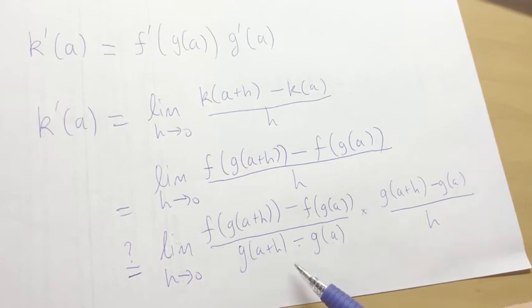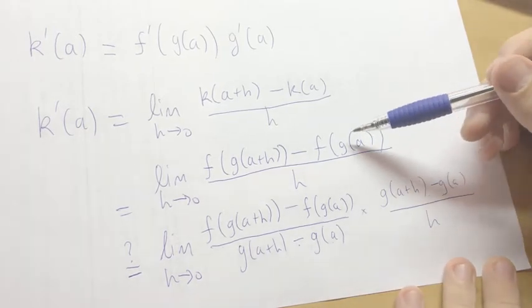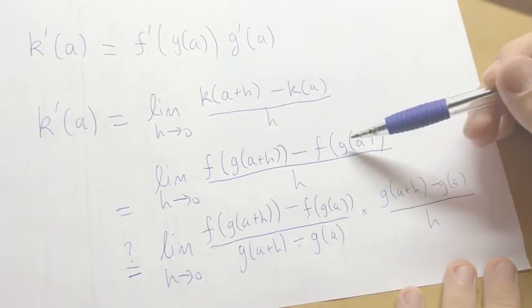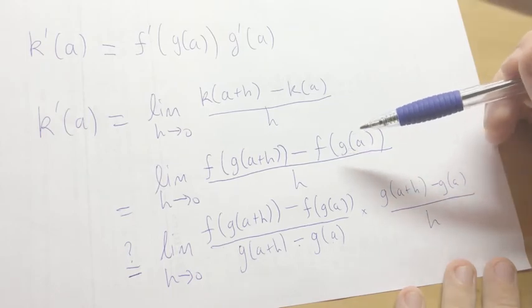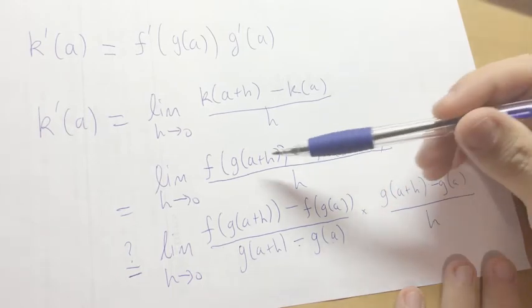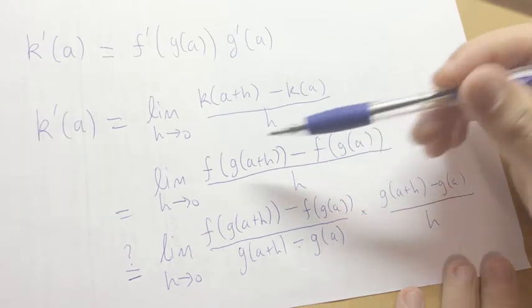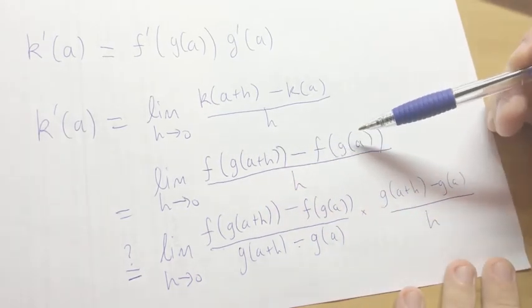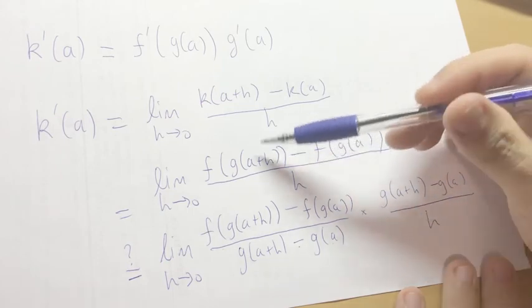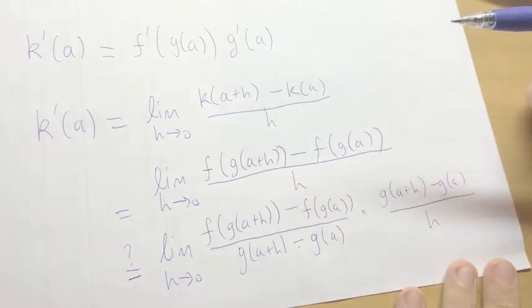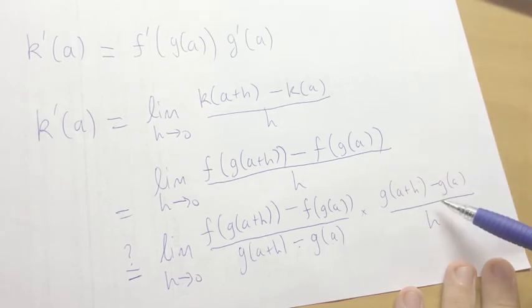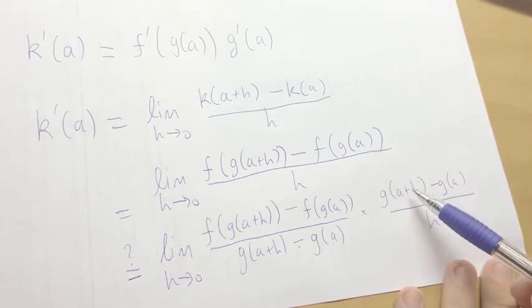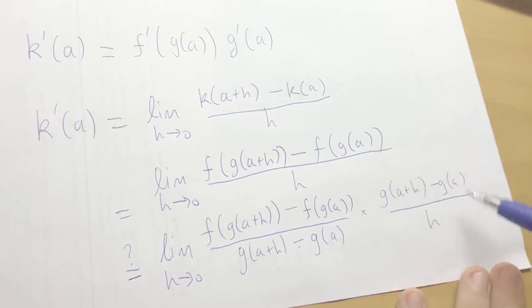And if you do that, you'll see that from here, before we did anything funny with this denominator, along that sequence of h's, g of a plus h is equal to g of a, so f of that will also equal f of this. And so the limit will have to actually be 0. Also, in the definition of g prime of a, the numerator will be identically 0 along that sequence of h's.